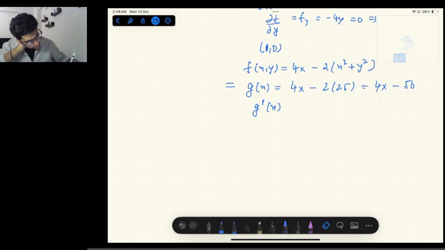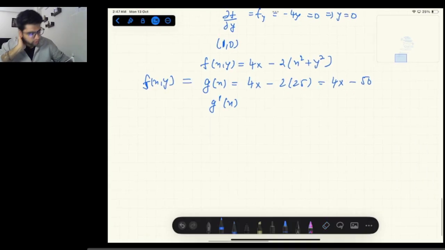What I did was I just substituted the constraint in this function, and this became g(x).